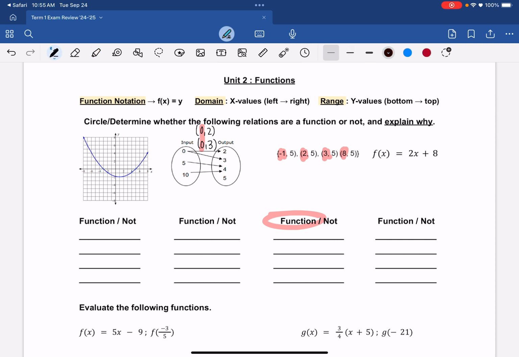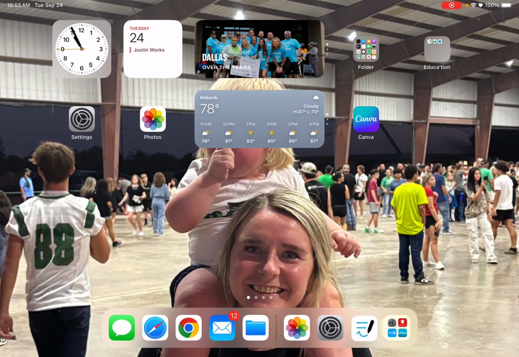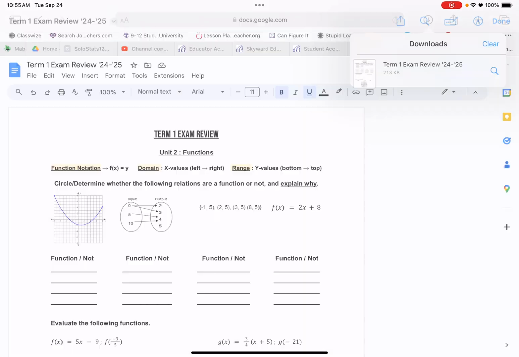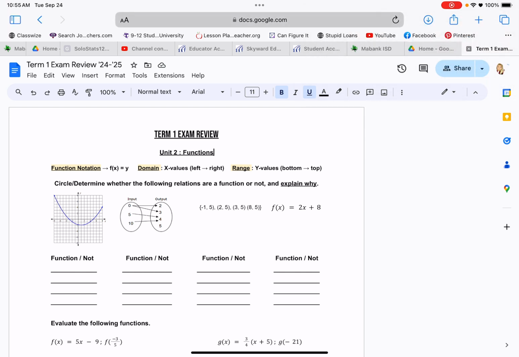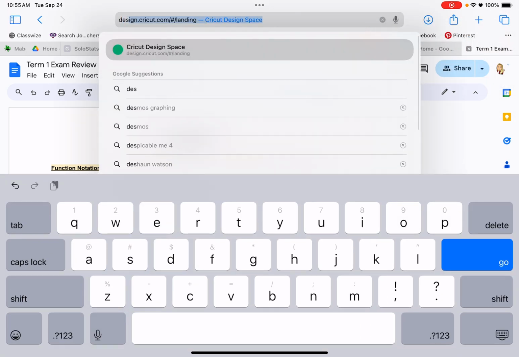On the fourth one, sorry, you're going to plug it into Desmos to graph it and see if it passes the vertical line test. Okay, so what I mean by that is you're going to go here. Desmos.